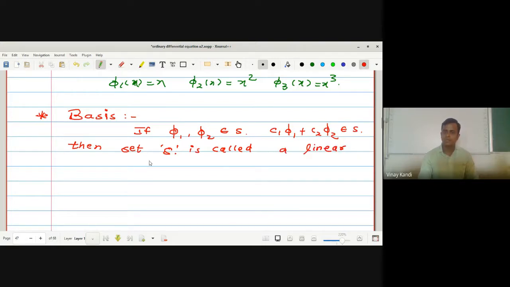Linear, that is vector space. Another name for linear vector space is linear space. Okay, linear space of functions.